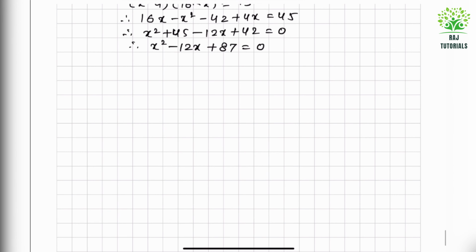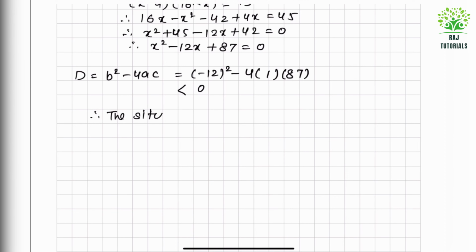Now let us check D. So D will be b square minus 4ac, which is equal to minus 12 square minus 4 into 1 into 87. So this I can clearly say it will be less than 0. Therefore, the situation is not possible.